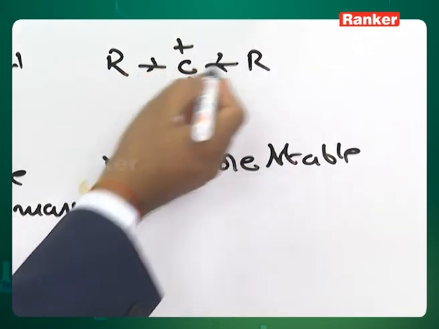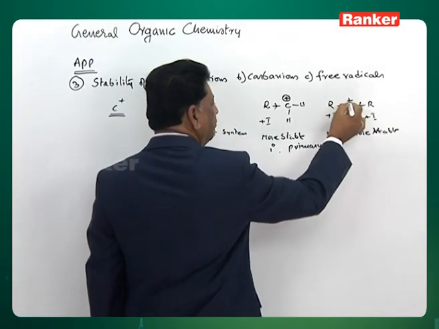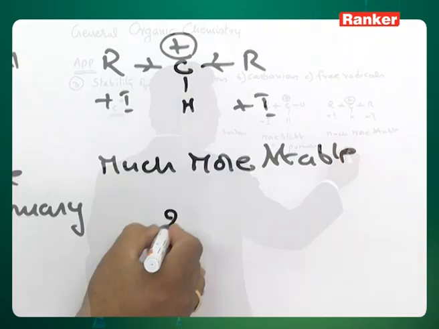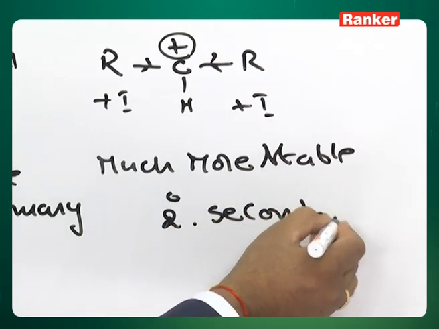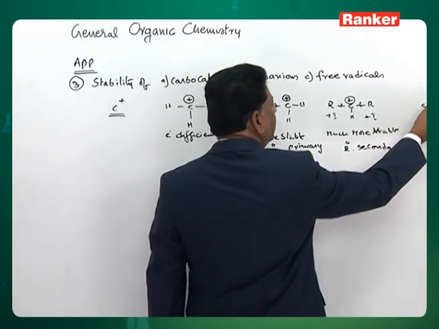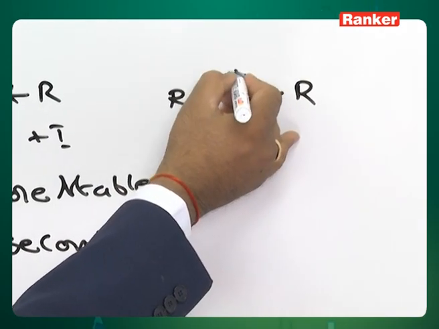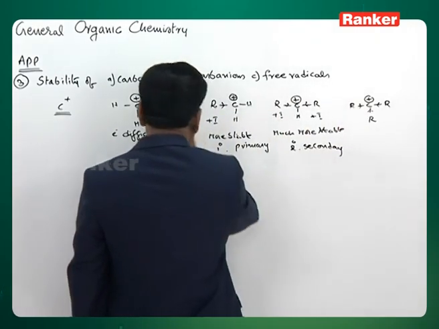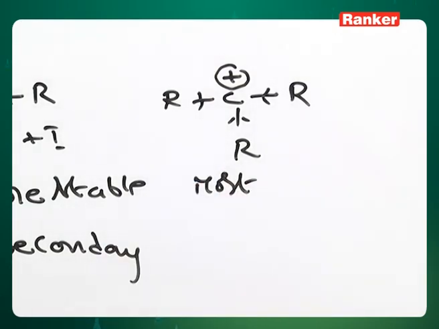Because the 2 plus I effects are influencing from both the sides, the effective charge is much more decreased, the problem is decreased. It is called a 2 degree or secondary carbocation. Similarly, a carbocation having 3 alkyls, whenever 3 alkyls are there, the carbocation is much more stabilized. So, out of all the 4, you can put a superlative degree, the most stable one.